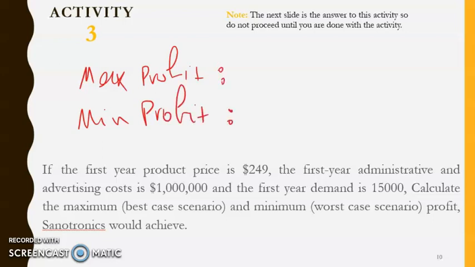Of course, maximum profit is the one that happens with the best case scenario. It means that everything happens in the best situation. And minimum profit is the situation that everything happens at the worst situation. So remember, when it says price is 249 and advertising is 1 million and demand is 15,000, it talks about three of the parameters, 1, 2, and 3.